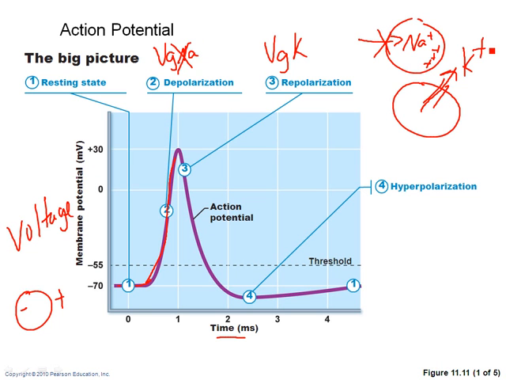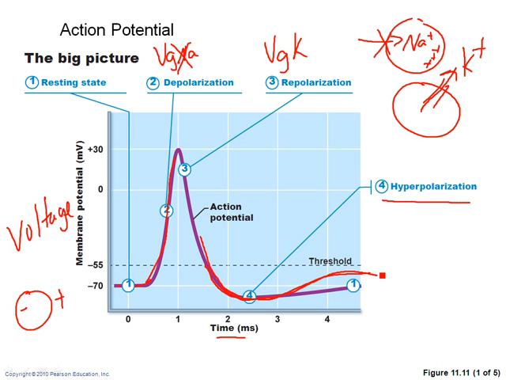As those positives leave, the membrane potential comes back down toward resting, and that's called repolarization. These potassium channels stay open a little too long, causing the membrane potential to go below minus 70 before it comes back to rest. This area is called hyperpolarization. So it goes a little negative before it returns to resting membrane potential.